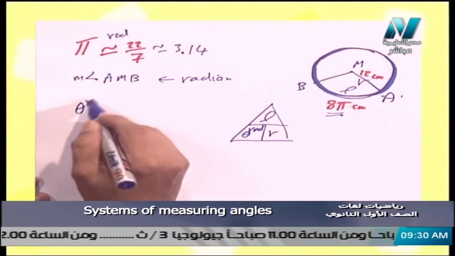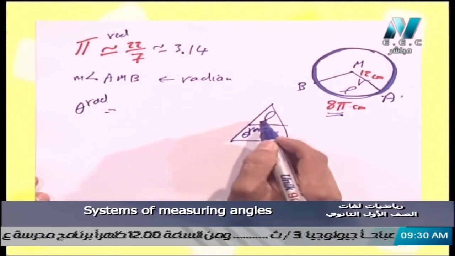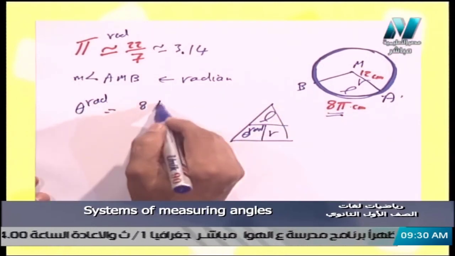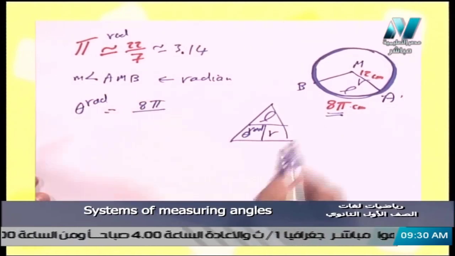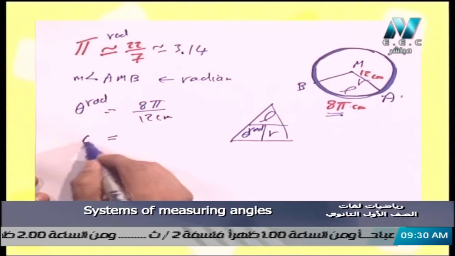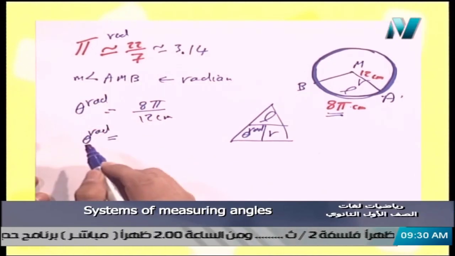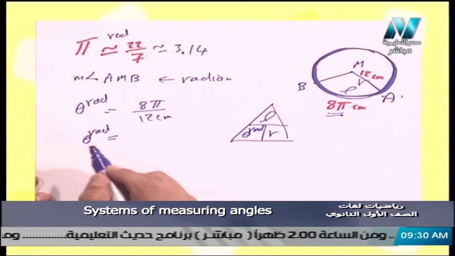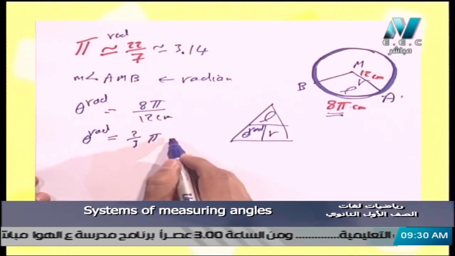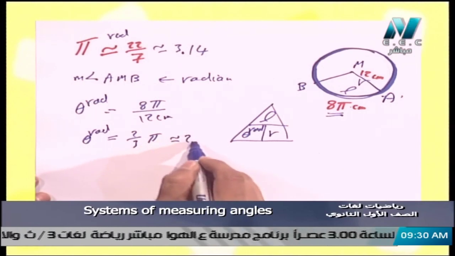So to find theta rad, we divide L over R. L here is 8 pi over the radius, which is 12 centimeter, and theta rad will be equal to 2/3 pi, or approximately 2.1 rad.